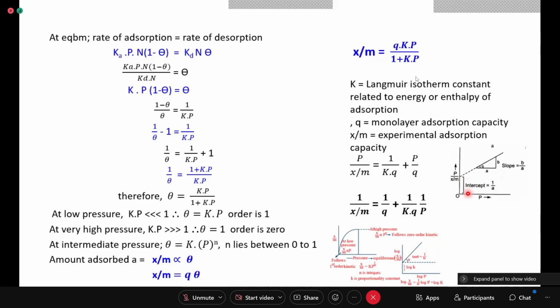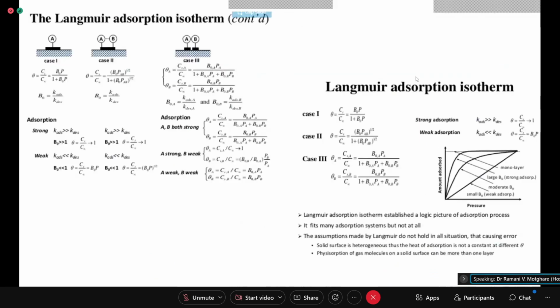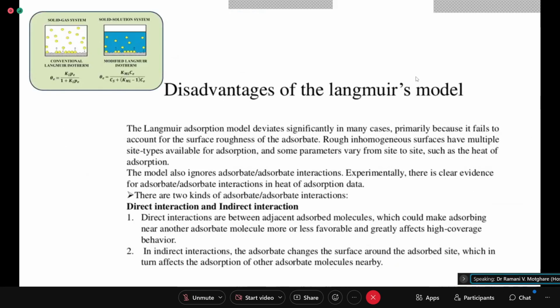Okay, so this is how you get the various terms, and then you have certain disadvantages of the Langmuir model.